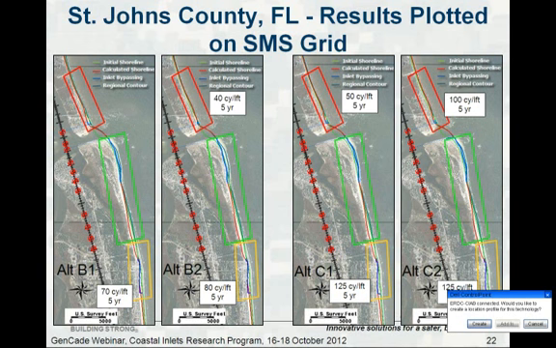So this is just a listing of some of the alternatives. So these are actually the amount of placement on each of the beaches. So for B1, it's 70 cubic yards per linear foot every 5 years. And we continue that. So you can see the initial shoreline, the calculated shoreline, the inlet bypassing, and the regional contour. So this just gives you a better idea of what's happening in each case.